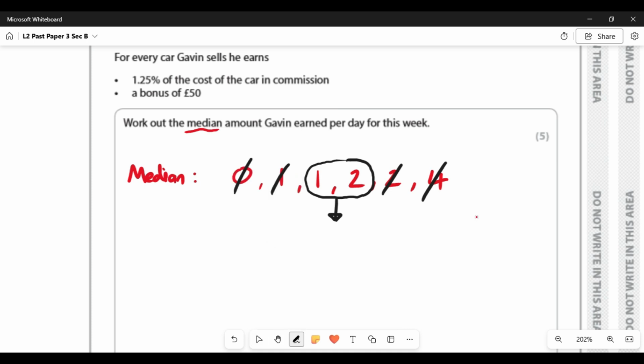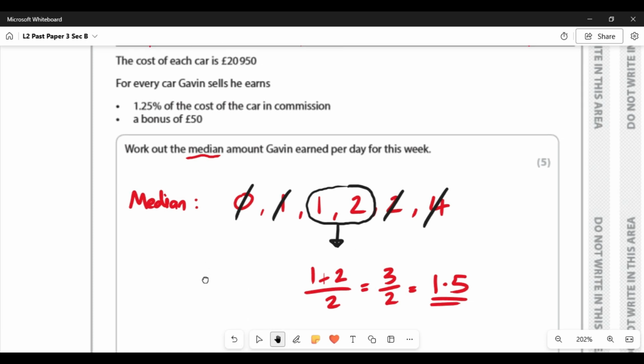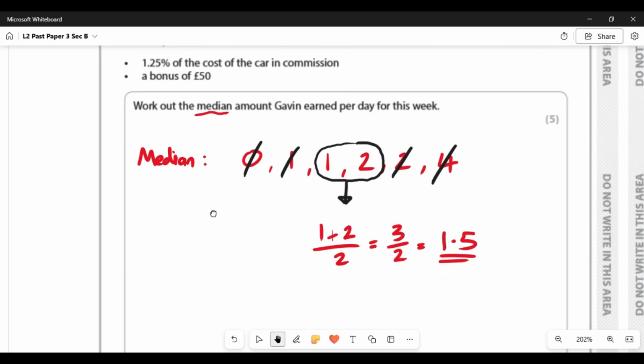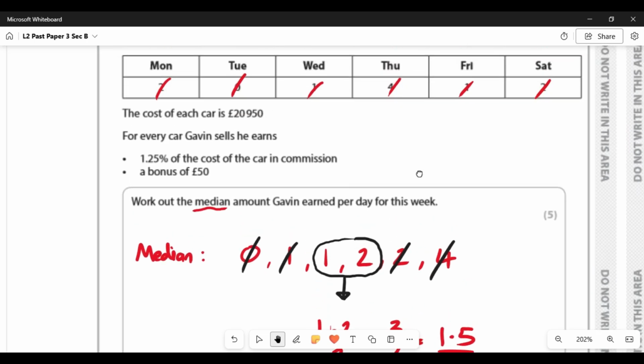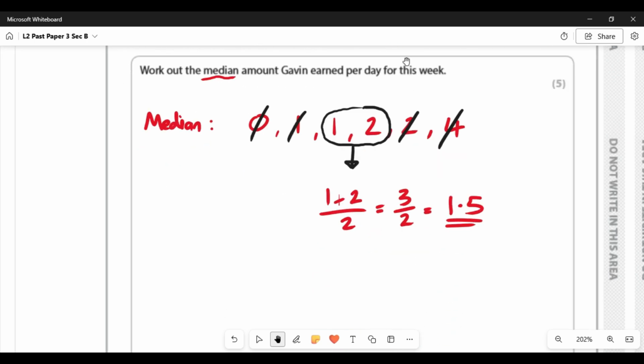If you add them together and halve it, so obviously that's 3 divided by 2, which is 1.5. Yeah, so that's the median, 1.5. So 1.5 cars, for example. Obviously you can't have half a car, but we're going to have to use that, because that is actually the median. So 1.5 times 20,950.